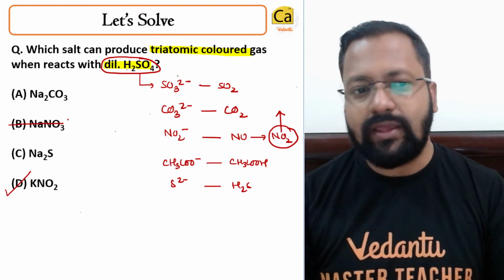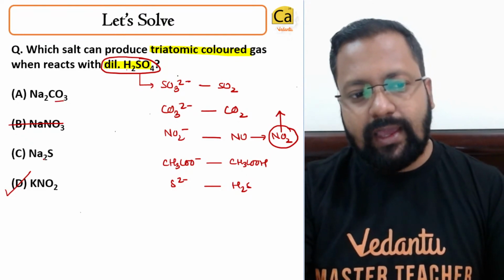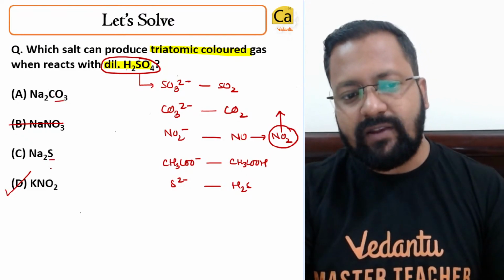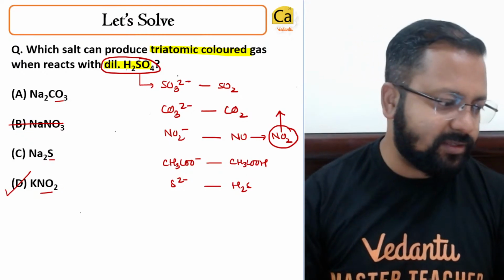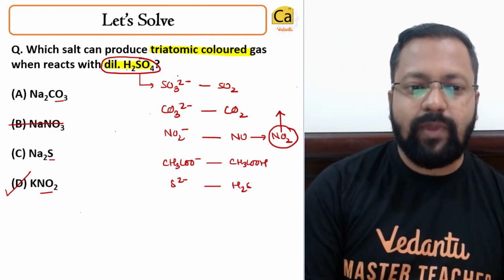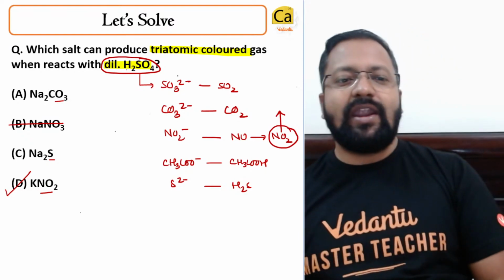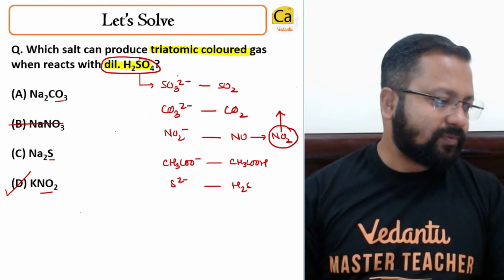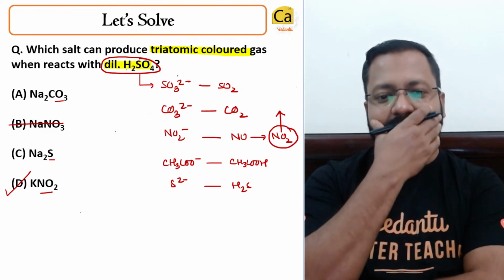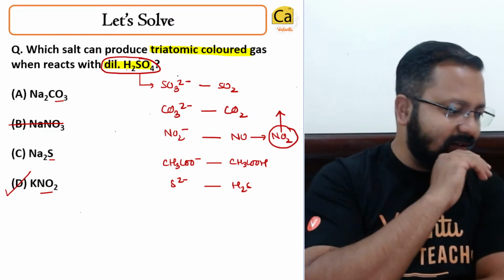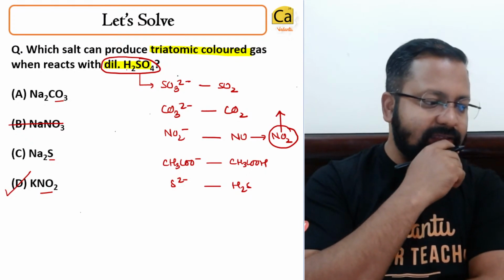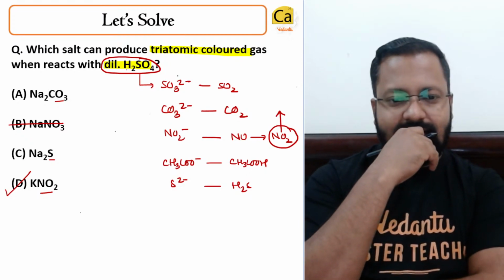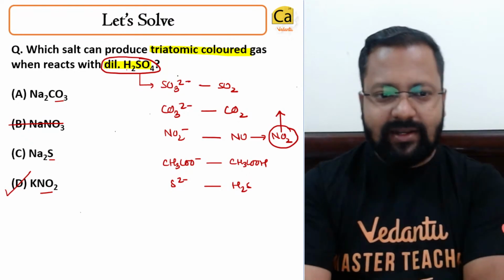Then we need to look at the anions which are present: carbonate, sulphide, nitrite. Nitrite is the one which will give a brown colored gas. The right answer would be D. Okay, it would never be B. Understood? So people who have answered it as D have done it correctly.